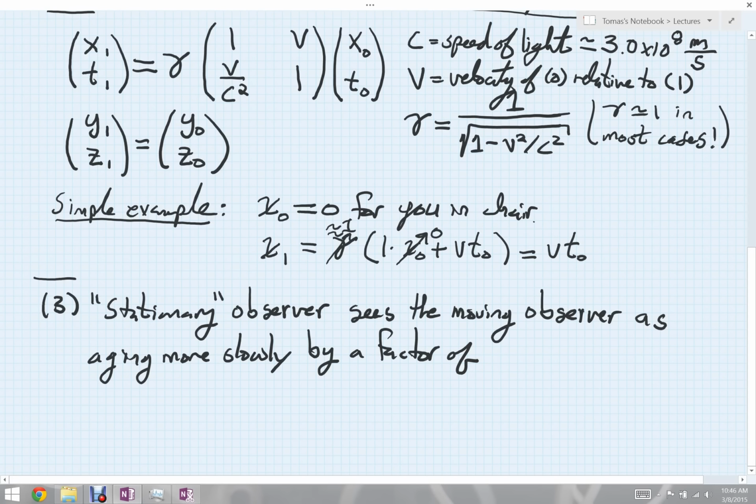Because in the transformation, you'll notice my times, when I do the matrix multiplication, I get that T1 goes like T0, because I'll get 1 times T0. There's also this v squared over c squared thing, but that's going to be very tiny. So I basically see that T1 is T0, except that there's this factor of gamma that multiplies things. So I'm going to see you as aging more slowly by a factor of gamma.